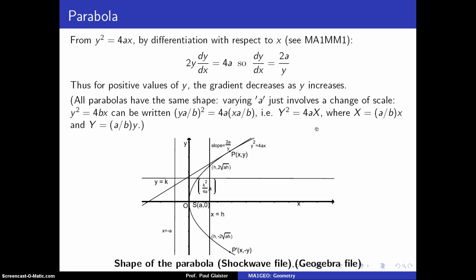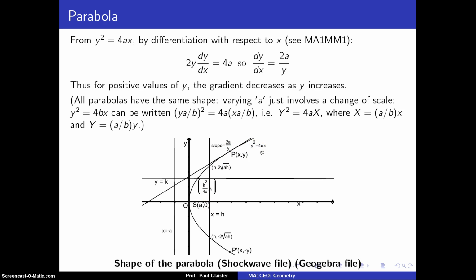Now, all parabolas look the same in the sense that if you move the focus and directrix one away from the other, in other words, you change the value of a, then all that happens is that this curve either opens out or closes up.